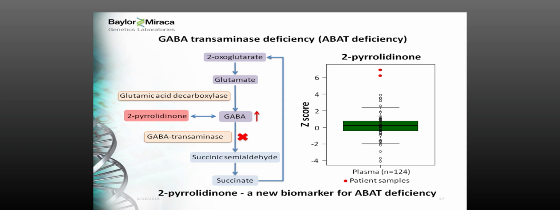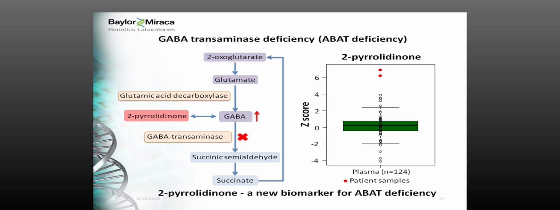And what we see is, rather than GABA, the related metabolite that's in equilibrium with GABA, 2-pyrrolidinone, is greater than 6 standard deviations from the mean in this individual with GABA transaminase deficiency, and again, far from what is normal.